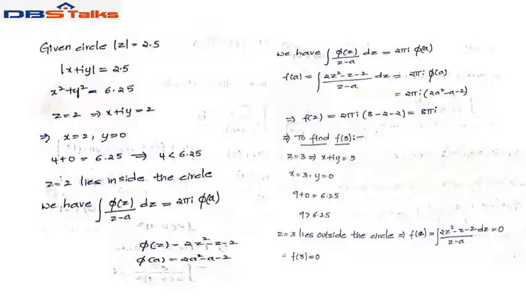So z equal to 3 is outside the circle. Outside the circle means we have to use Cauchy's integral theorem, so the integral of phi of z by (z minus a) dz is 0. Therefore, f of 3 equal to the integral of (2z square minus z minus 2) dz by (z minus a) equal to 0, which implies f of 3 value is 0.